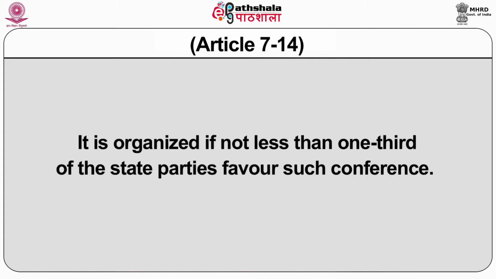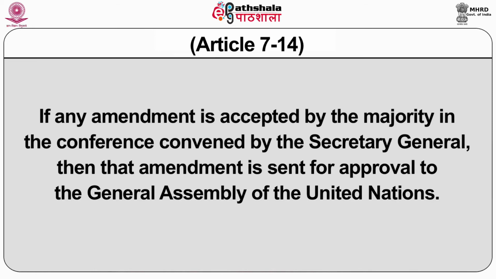It is organized if not less than 1/3 of the state parties favor such a conference. If any amendment is accepted by the majority in the conference convened by the Secretary General, then that particular amendment is sent further for approval to the General Assembly of the United Nations.